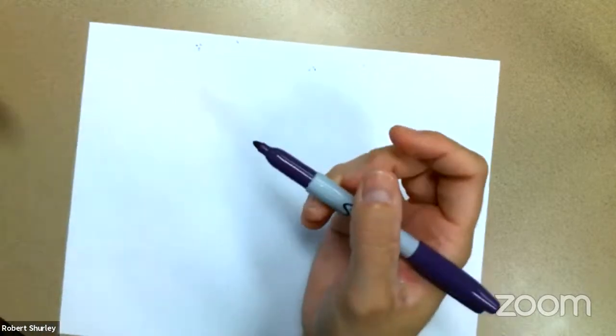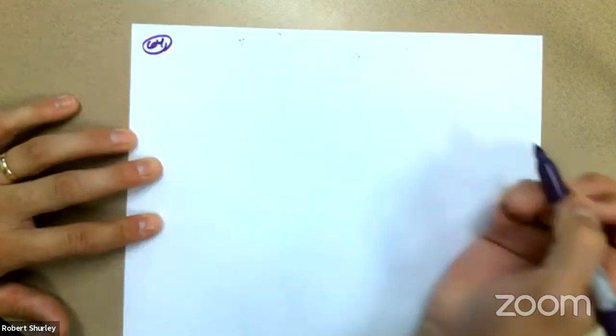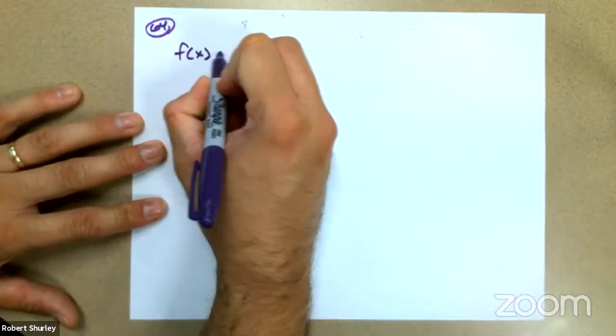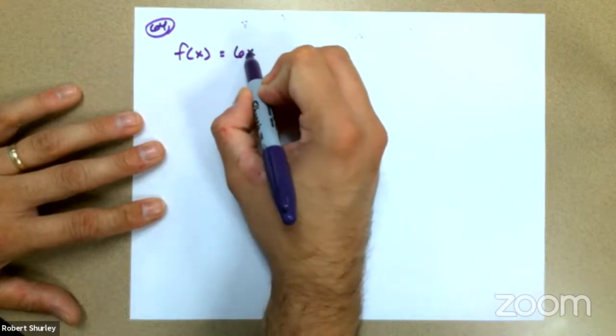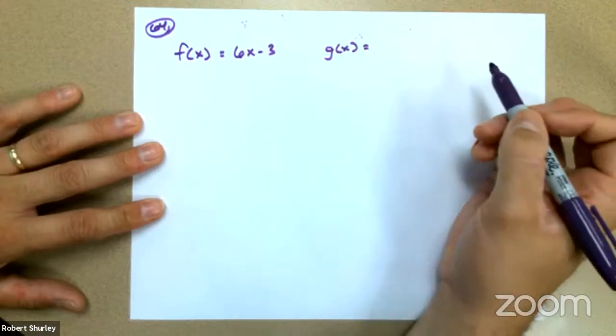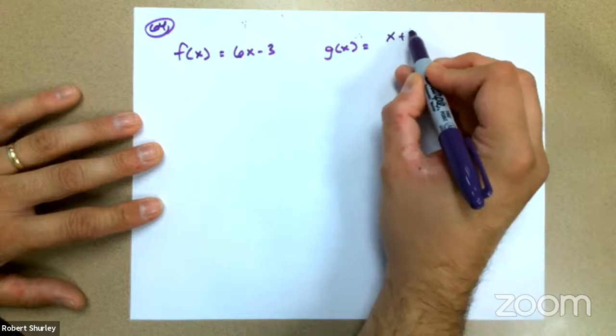Okay, let's steal one straight from the homework. This is number 64. I'll do an even one since you don't have the answers in the back. So for 64, we've got f of x equals 6x minus 3, and g of x equals (x plus 3) over 6.